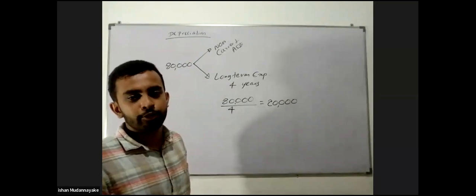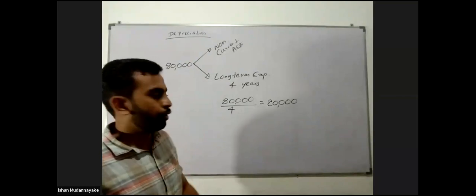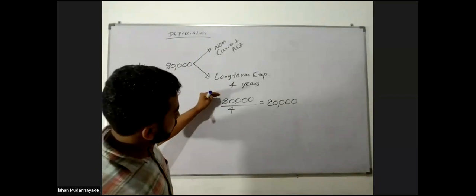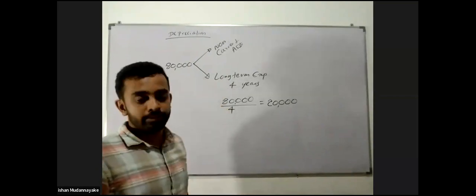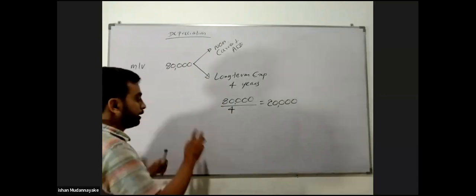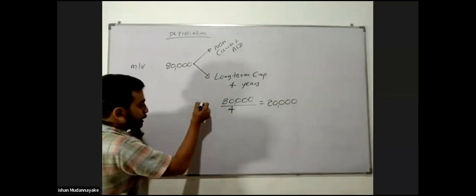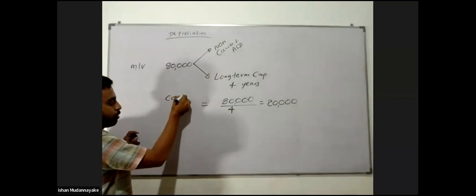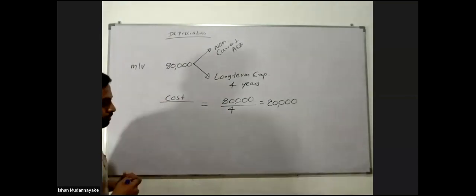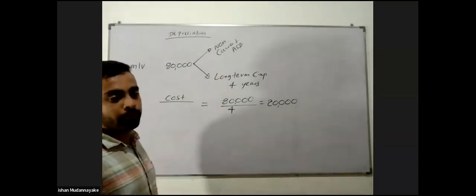Long-term expense divided by number of years. Students, this 80,000 is called the cost of the motor vehicle.